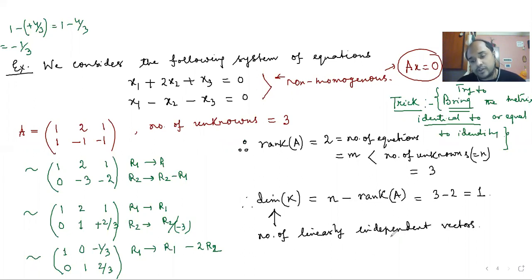So how many elements are there in this case? We have 3 elements, x1, x2, x3, consisting of one vector.